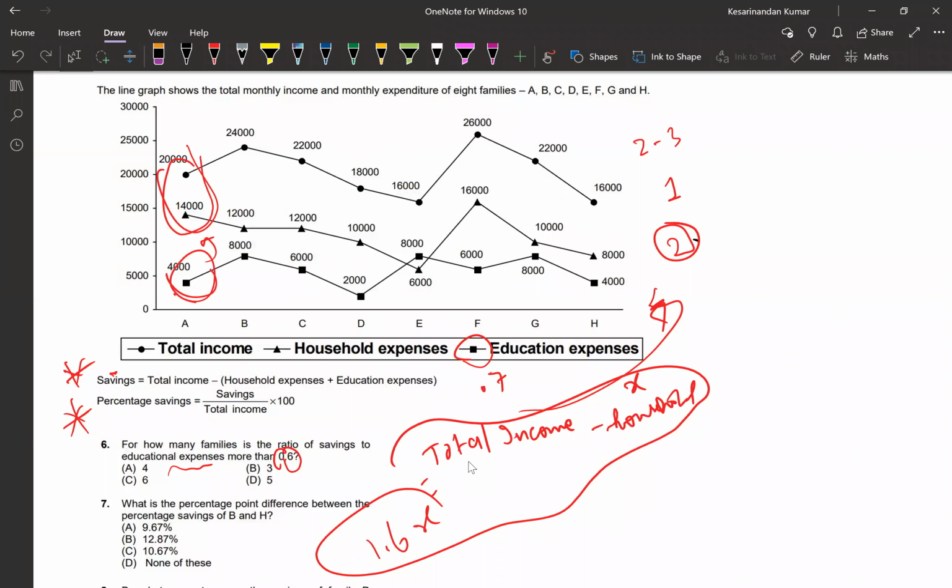So educational expenses, let it be X. We want savings to educational expenses to be 0.6 or greater. Then we can say savings is 0.6X. So this X goes to this side. It will become 1.6X is equal to total income minus household expenses.